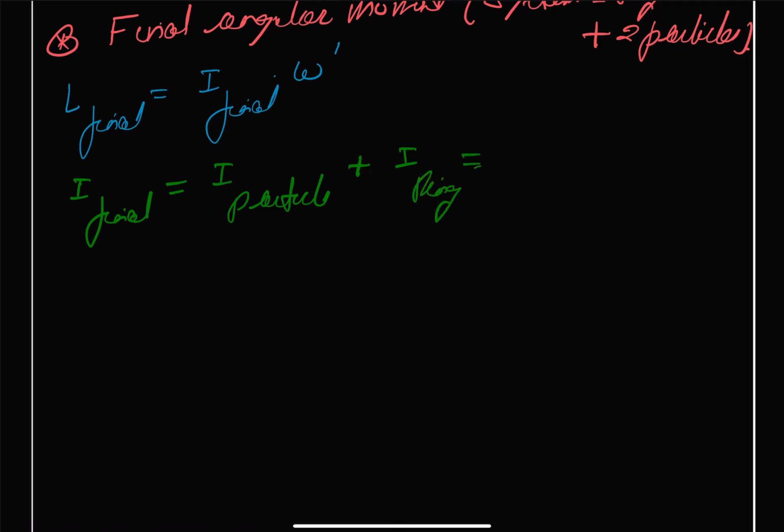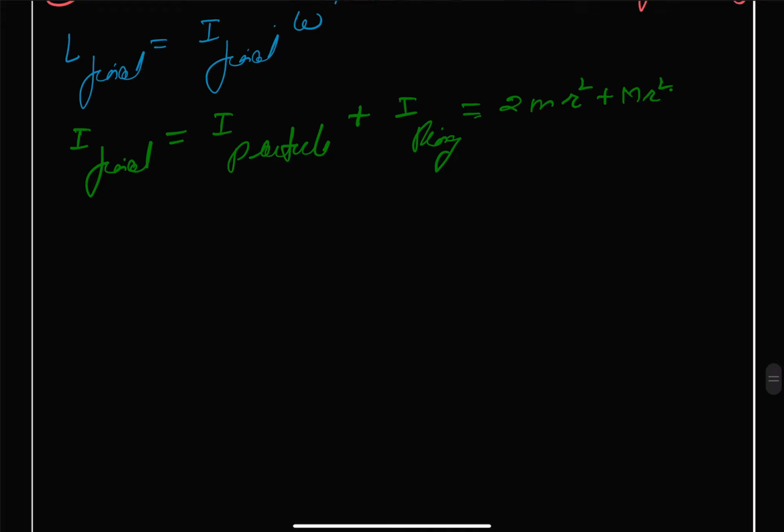And for particles we have two particles, so that will be 2 times mr square plus ring is our MR square. Therefore we get our angular momentum final will be equal to, we can take r square as common, so this comes as 2m plus capital M and omega prime.